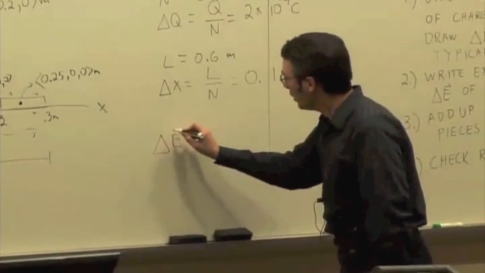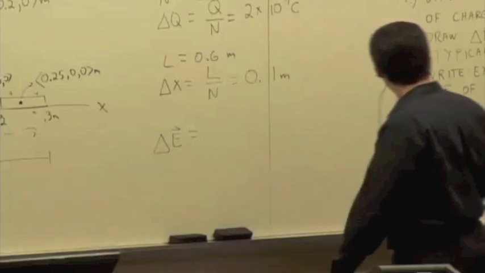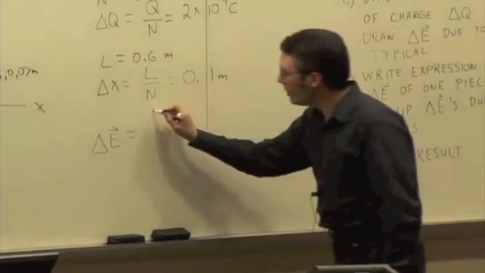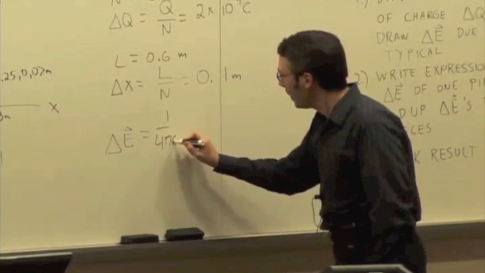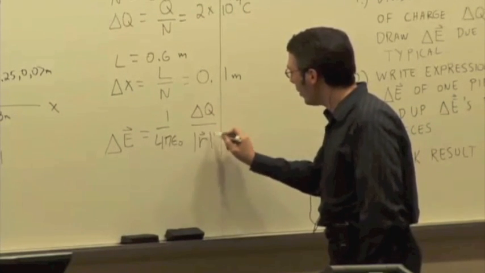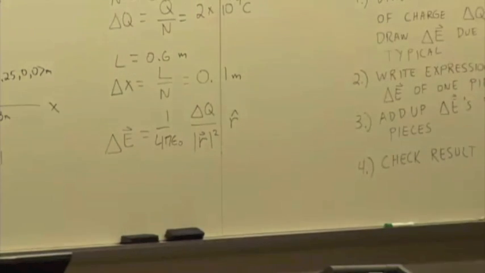Next, we're going to have the electric field due to that segment. So we have the expression, which we should have done in the second step, right? It's going to be 1 over 4 pi epsilon 0, delta Q over r squared times r hat, treating each like a point charge.